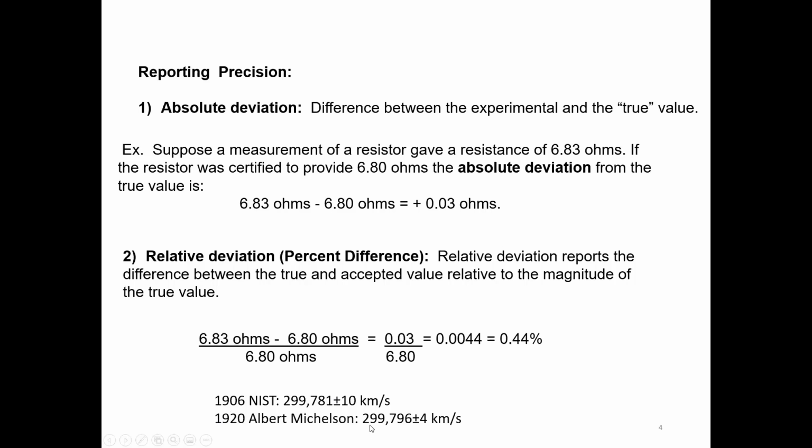So his measurement is 299,796 plus or minus 4 kilometers per second. He reduced the deviation, enhancing the precision for the speed of light. And those results got Albert Michelson the Nobel Prize.